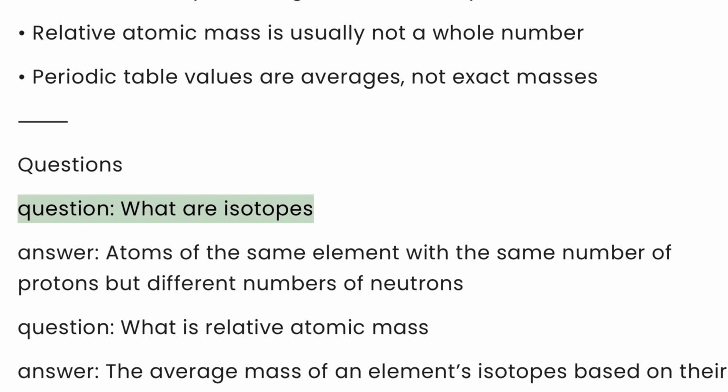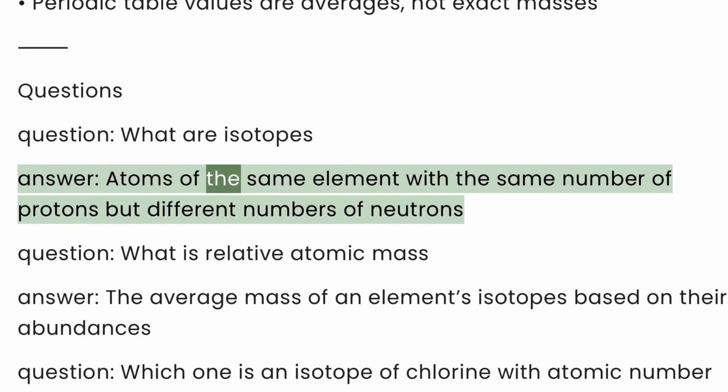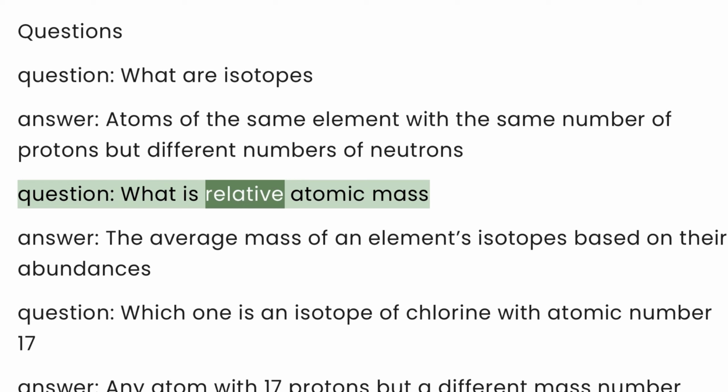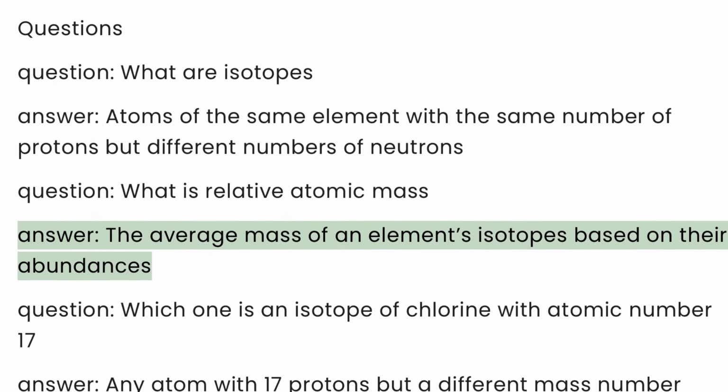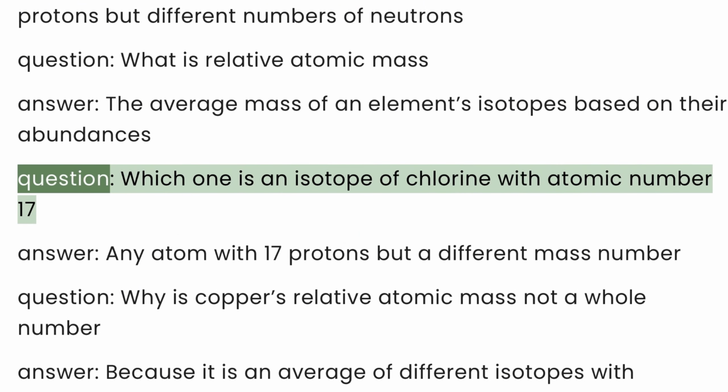Questions. What are isotopes? Atoms of the same element with the same number of protons but different numbers of neutrons. What is relative atomic mass? The average mass of an element's isotopes based on their abundances. Question.